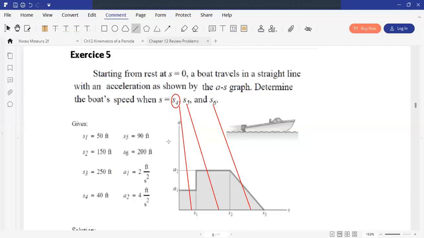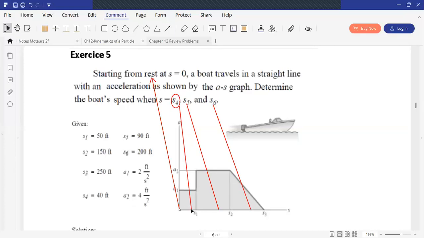Starting with point 4, I know the initial condition, because at the beginning of phase 1, it's starting from rest. So v here is 0. I can get the velocity at any point in phase 1.